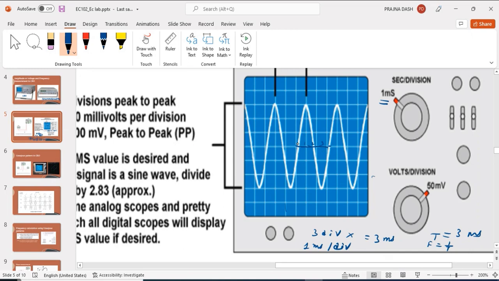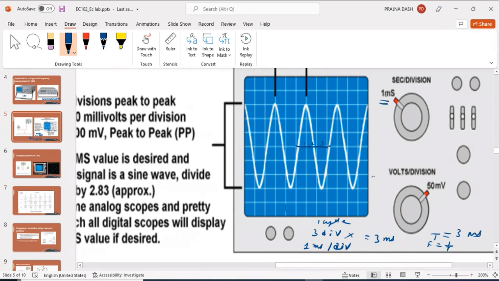Time period means how much time one complete cycle takes. For calculating the time period, you just observe this complete cycle. One complete cycle is covering 3 complete divisions.